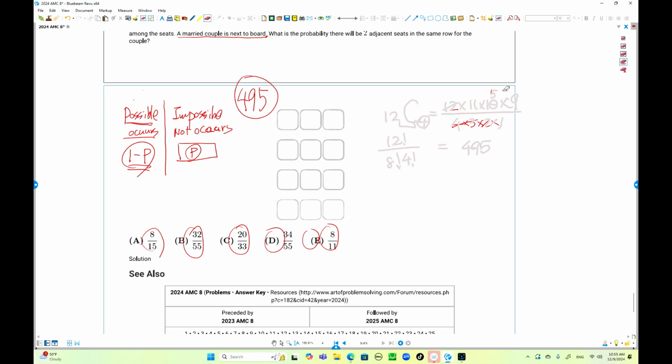Out of this 495, how many arrangements will have no couples sitting next to each other? We need casework.